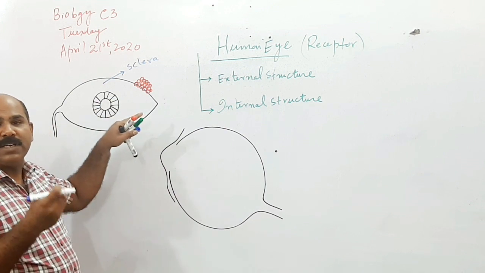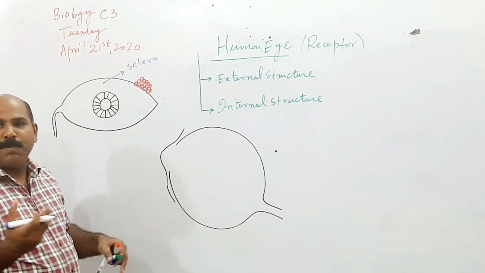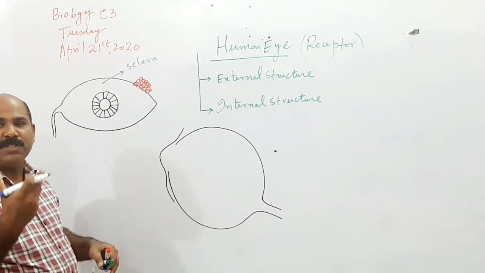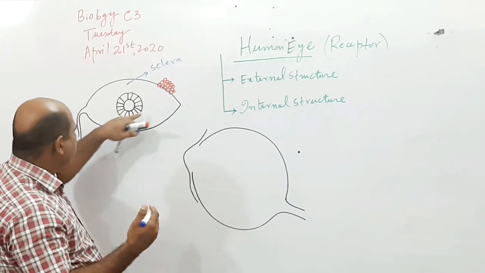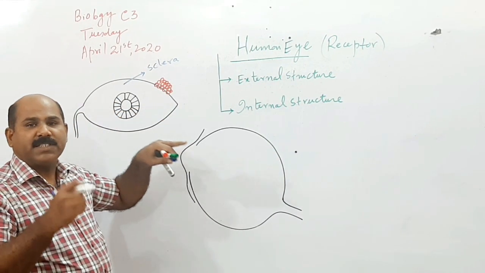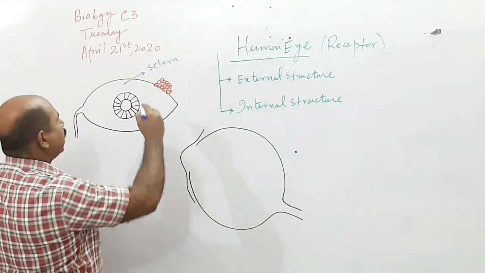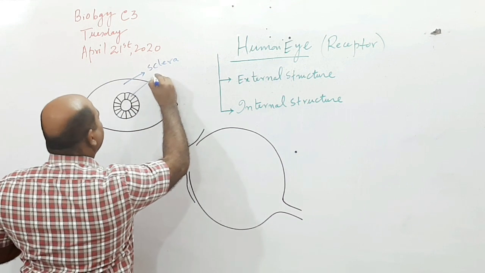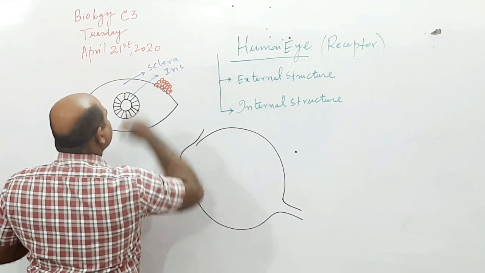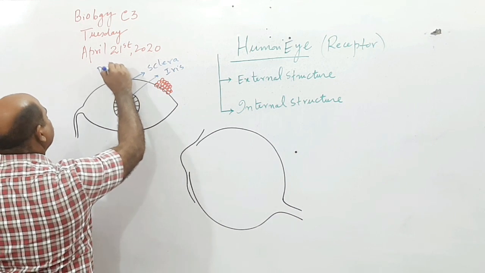It's actually the pigmented portion. Some people have gray, some green, all different colors are present. But the color of the iris depends on the amount of the pigment present in it. So this part is called iris, and this region is known as pupil.